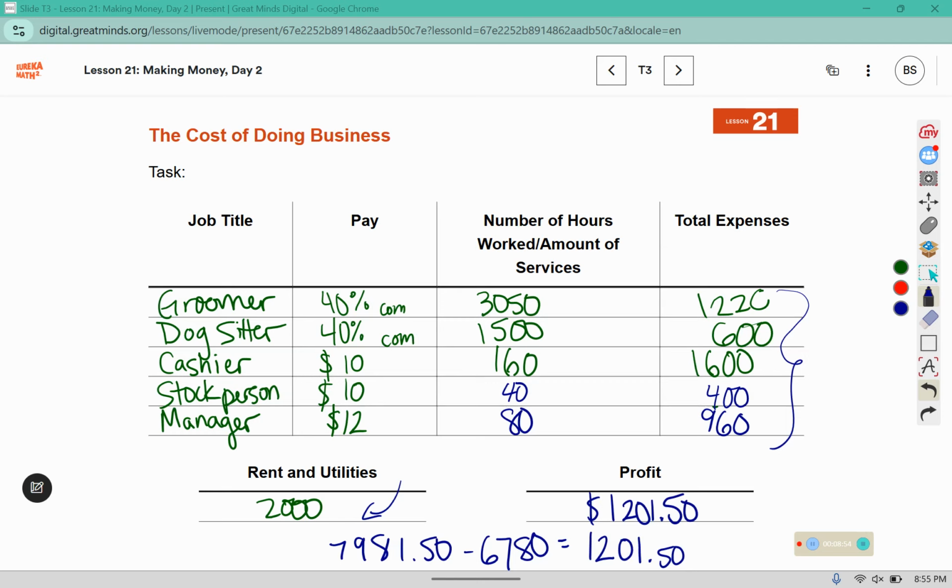Maybe you're going to go back and you're going to change day one to charge a higher rate for your toys or for your dog food so that you make more of a profit from what you're selling so you can afford to pay your employees a higher amount.